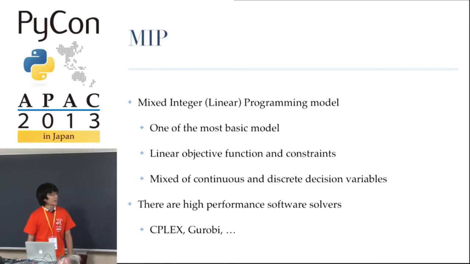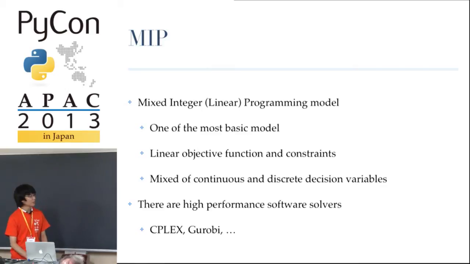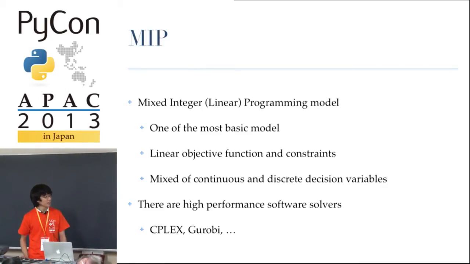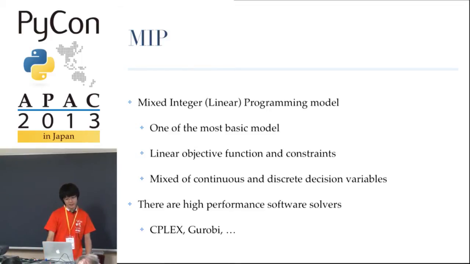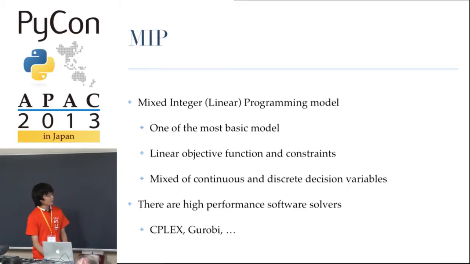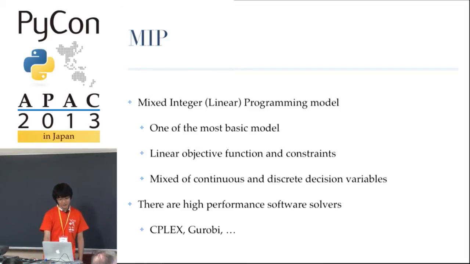Today, I talk about one of the most common formulations of mathematical optimization problems. This is the mixed integer programming model, or MIP, so-called. This is one of the most basic models.